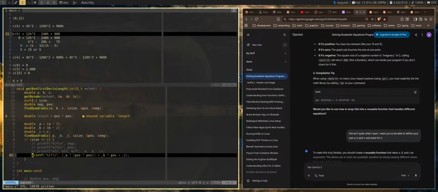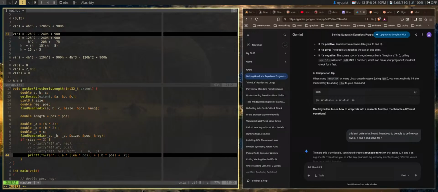That still gives me 0. Why does this give me 0? Oh, I'm doing not position, but this should be length.